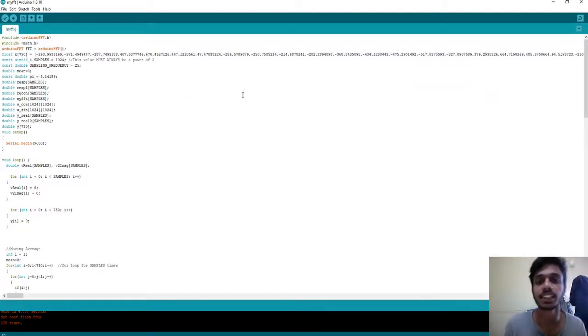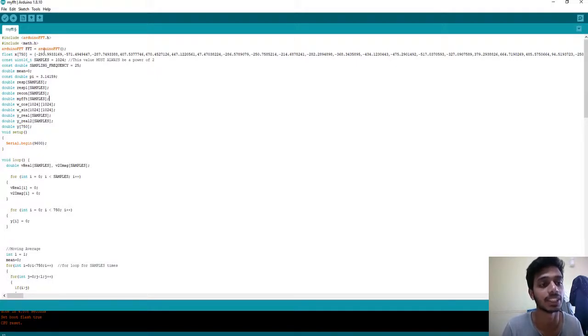There is actually an inbuilt library for FFT provided by Arduino. We'll be using that library mentioned here. In order to include it, you need to follow this syntax. This is my class FFT, which I would be equating to the inbuilt Arduino FFT class. X is my input.